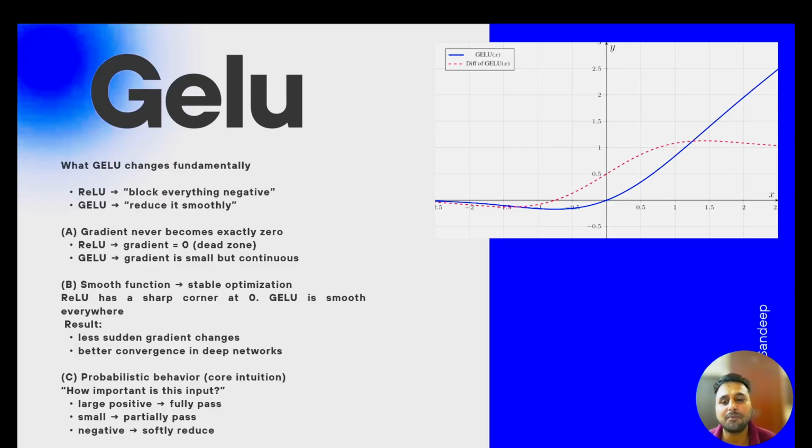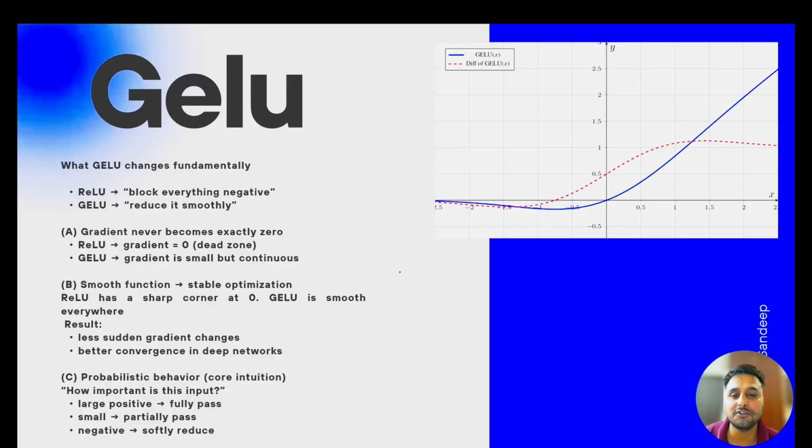It has probabilistic behavior. The core intuition is: how important is this input? If the input is very large, very important, then the value fully passes. If it has small importance, then it partially passes. If it is not so important, then it softly reduces.